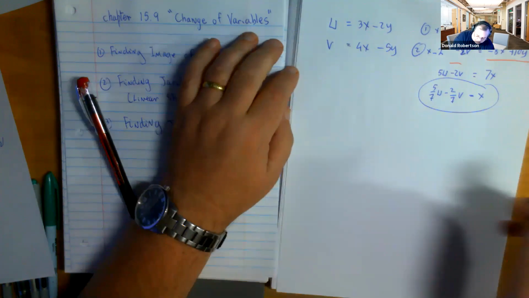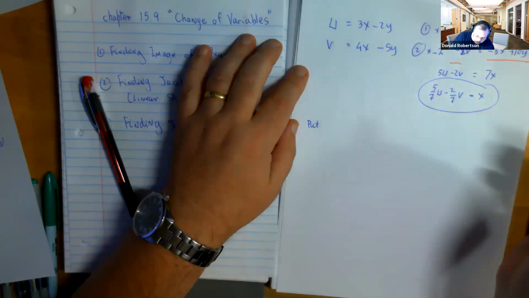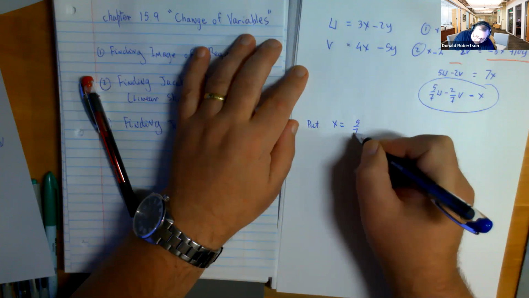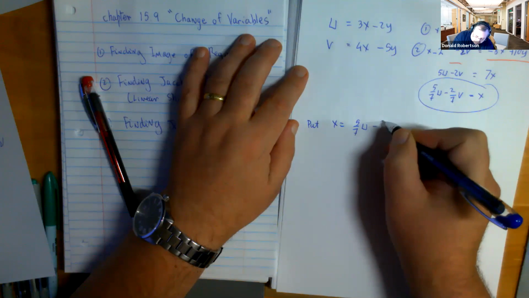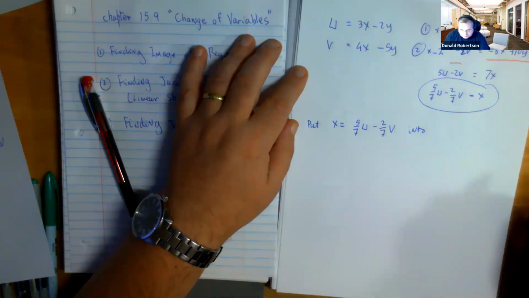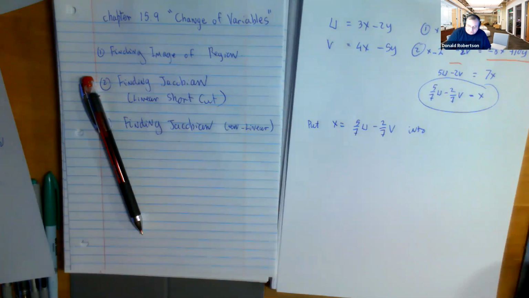So I'm going to substitute the fact that x is 5/7 u, take away 2/7 v, and I'm going to plug it into, what do you want, number 1 or 2? Doesn't matter, but which one do you want? 1. Let's do 1.